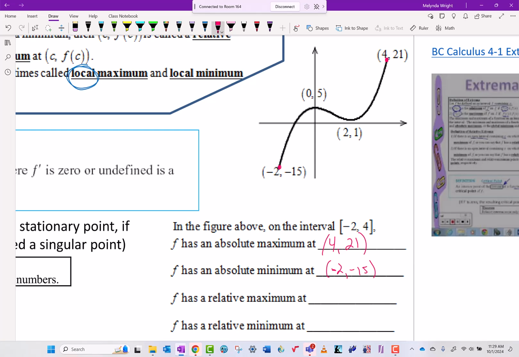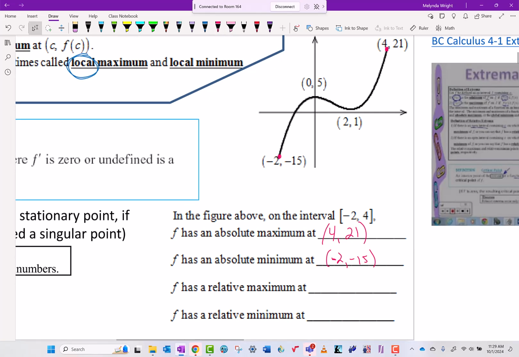We do have a relative minimum and a relative maximum. Let's see, relative maximum we've got at 0.5. Okay, we see that. So right here, there's a relative maximum. It's the largest location in the general area, like on a mountain range. And yes, we have a relative minimum at 2.1.